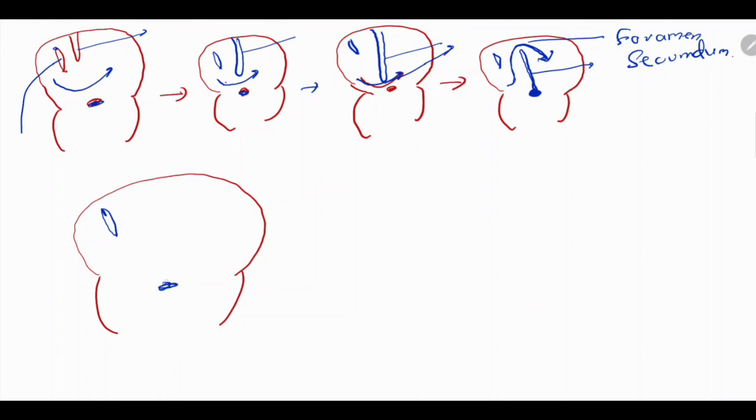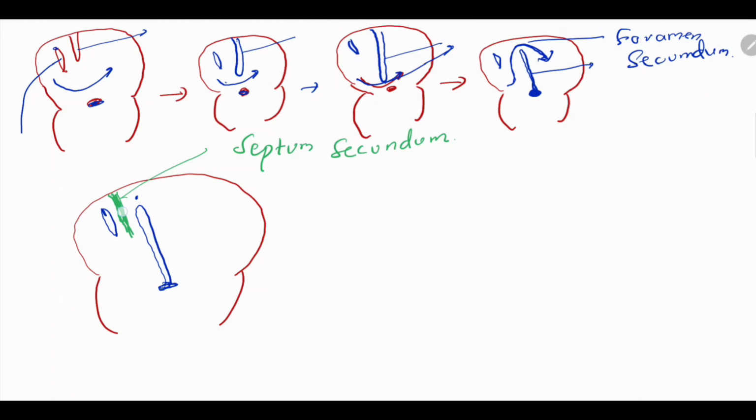Next, we have the septum primum and this part is known as the foramen secundum. Next, a second septum forms from the roof of the primitive atrial chamber, in between the septum primum and the septum spurium. A new septum is formed over here. This new septum is known as the septum secundum.